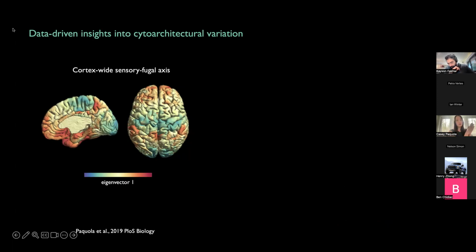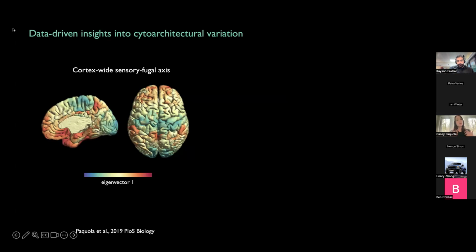And it basically goes from these bluey colors in sensory areas and primary motor areas as well, through association areas up until red, which are these more limbic areas. And this to us immediately conjured memories of classic neuroanatomical texts, for example, by Sanides or Mesulam, who talked about a sensory-fugal axis. So that you see this stepwise change in laminar organization going from the very structured, clear layers of sensory areas to these more agranular areas in limbic areas.